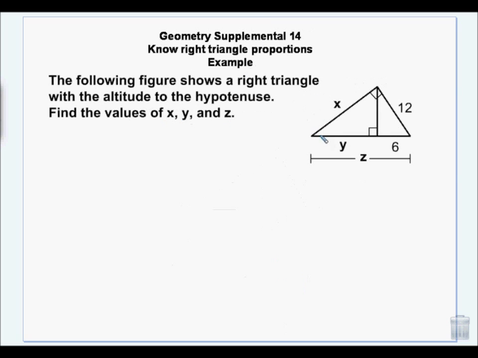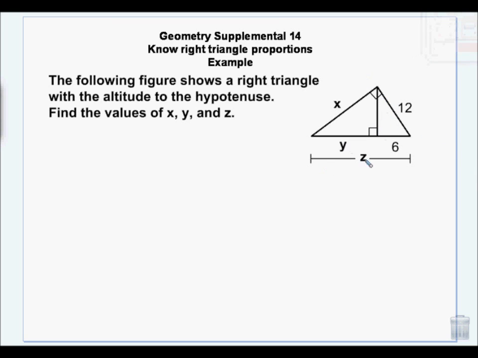Okay, so we have the altitude to the hypotenuse here, and we have x, y, and z. All right, so we're going to have to do a little bit of work on this. Hold on one second.